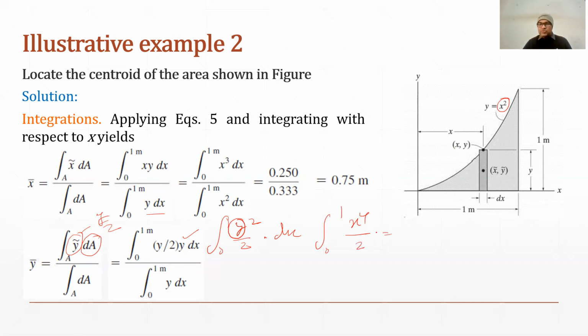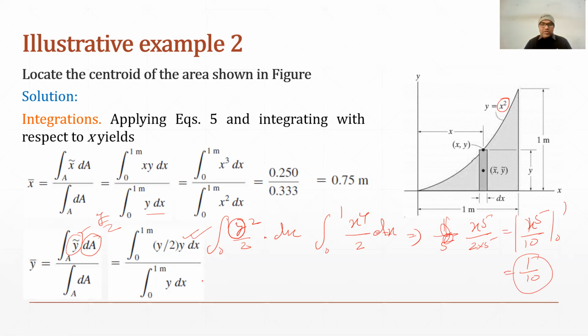Now solving this, we get 1 by 5, sorry. First I will solve x to the power 5 by 2 into 5, which means x to the power 5 by 10. Now putting that into the bracket, we get 1 by 10 for the numerator.